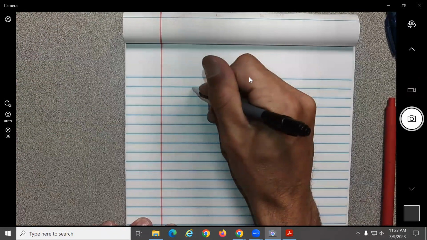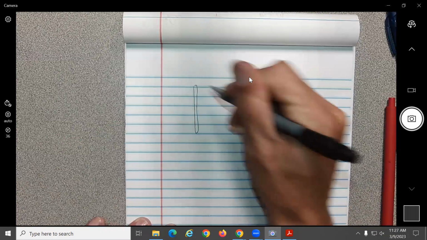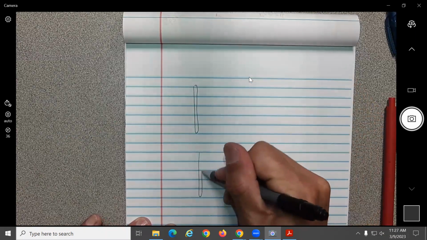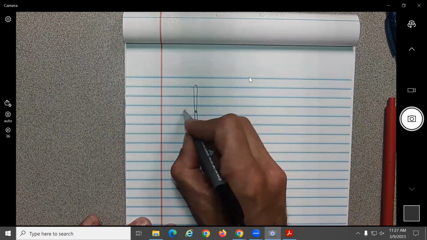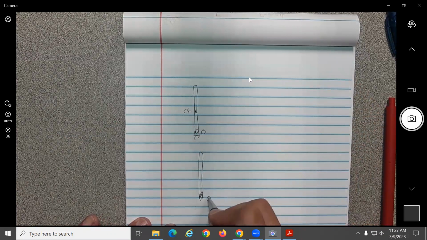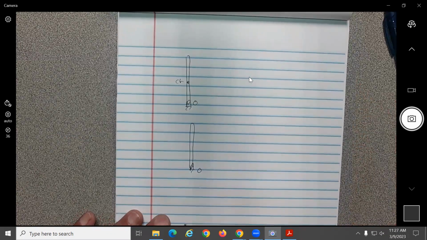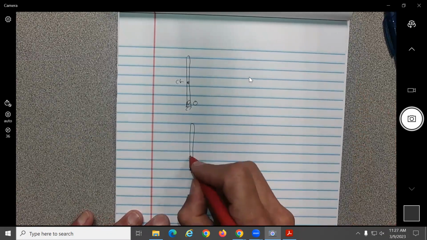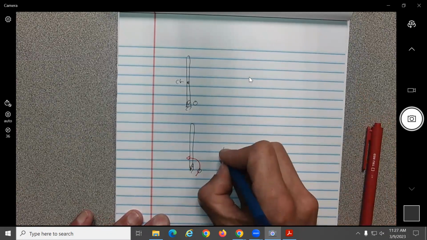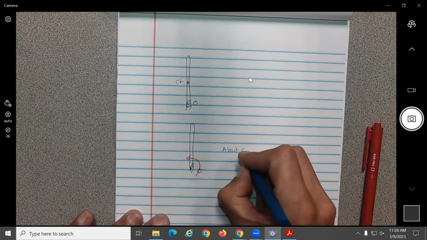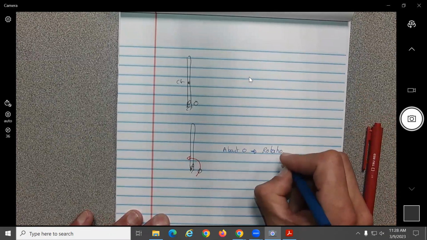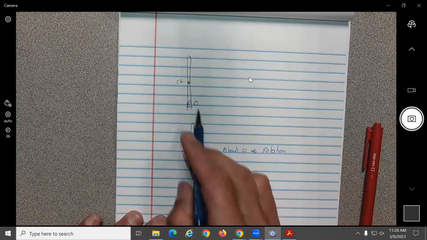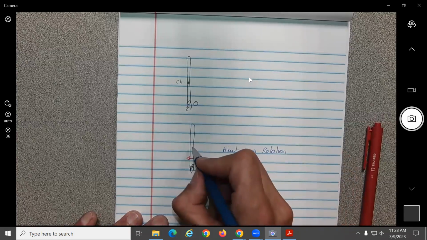Probably going to scratch this page. Basically, let's say we have this bar over here. If you look at this bar about point O, the only motion of this bar is rotation.